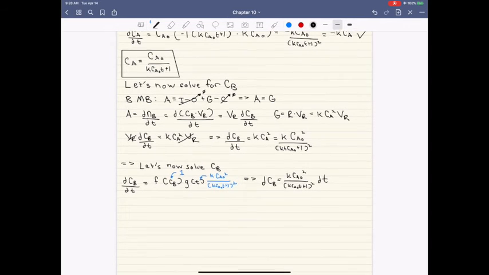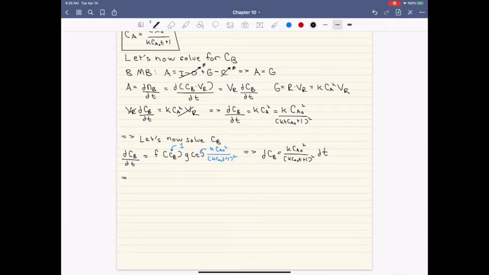And now we're going to integrate. So integrate dCb. We'll also integrate this thing on the right-hand side, squared, with respect to time. And we're going to integrate these using indefinite integrals.